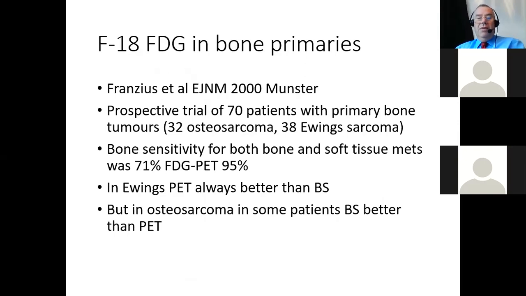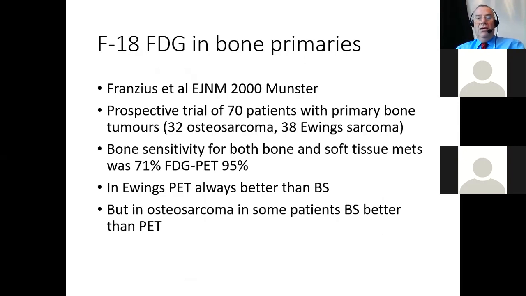So what about FDG in bone primaries? The paper about 10 years old now from Germany, looking at 70 patients with primary bone tumors. And the majority of those had Ewing's. Just under half had osteosarcoma.